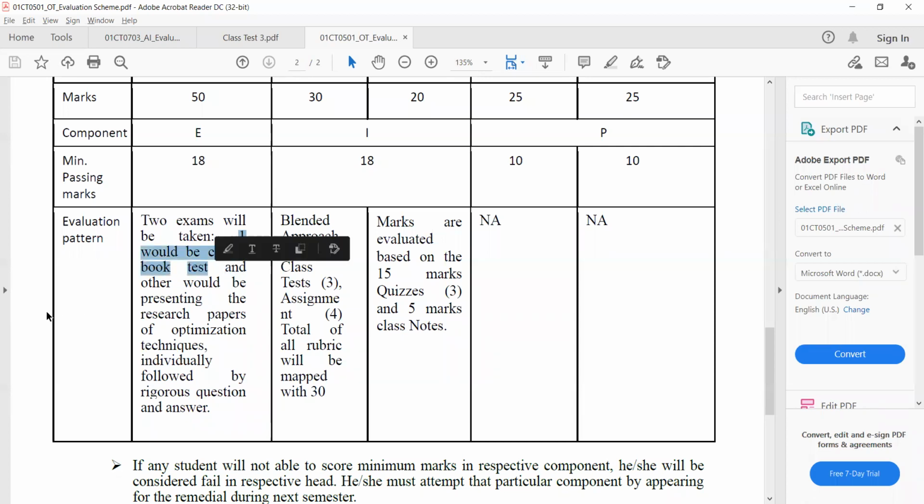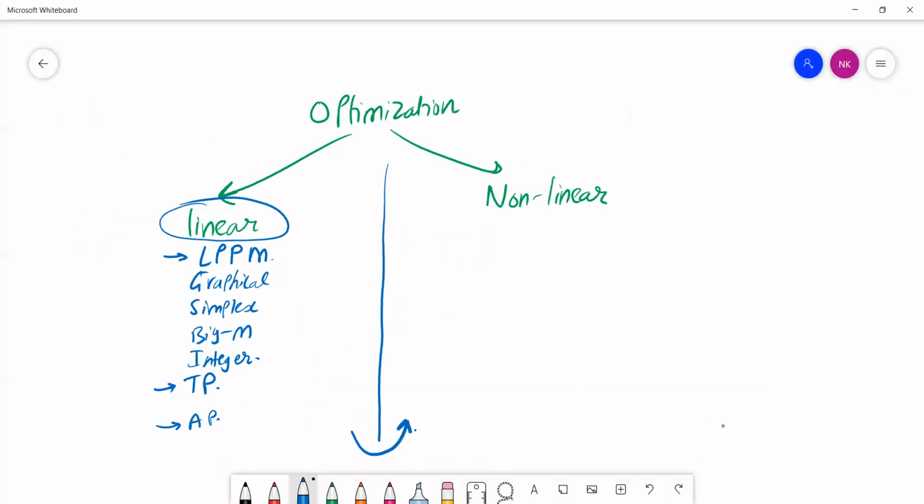So we will be having the closed book test for the linear programming methods. Corresponding to this first part, we will have one ESE exam, and that will be a closed book test. I haven't decided the date for this exam because the date won't be decided only by me.